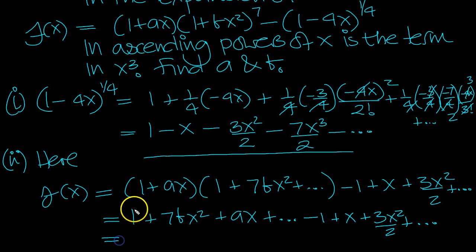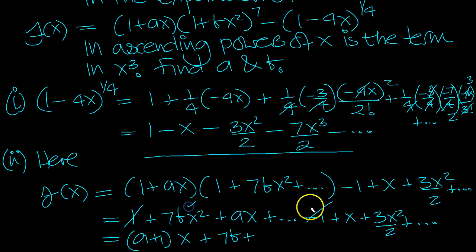So what have we got here then? Well, the 1's cancel, 1 and minus 1. Ax plus x is a plus 1 lots of x. And the b's, we've got 7b plus 3 over 2. So that was that one and that one. Lots of x squared plus dot dot dot and all the higher terms.